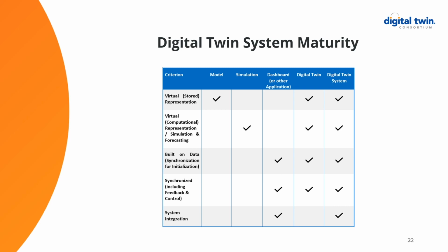It correlates to the data, to the synchronization, to the systems integration piece. And digital twins have everything, except they're not necessarily fully integrated with systems. It's a bit of a grayscale, so take it with a slight pinch of salt, because it does depend on your actual application. And then we get to full maturity of digital twin systems.